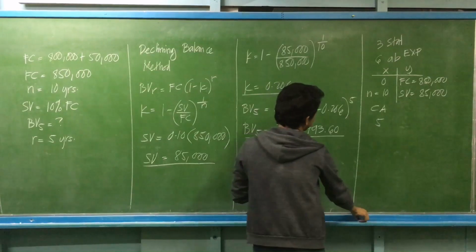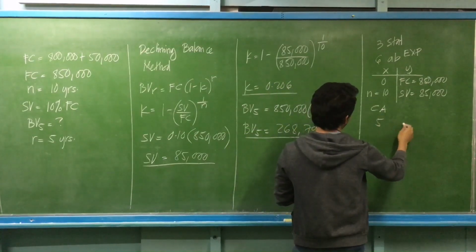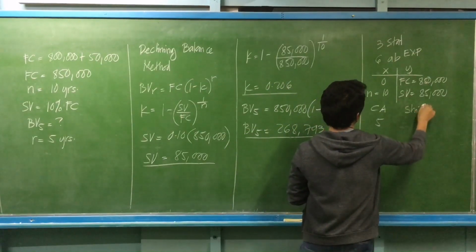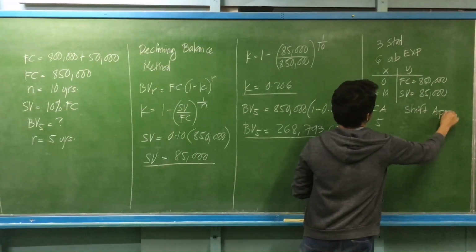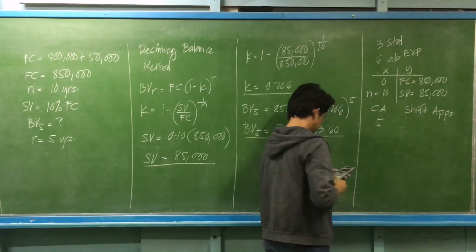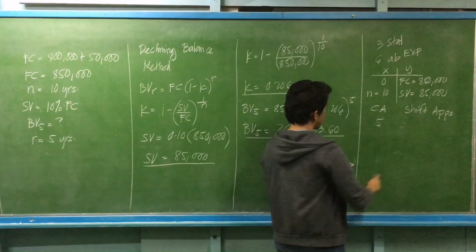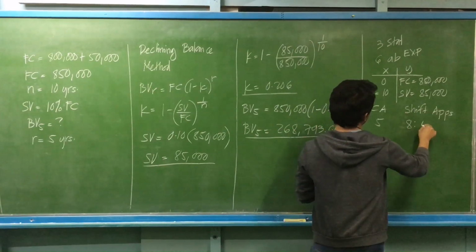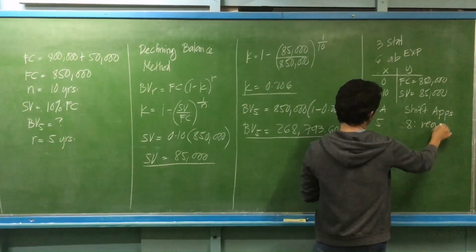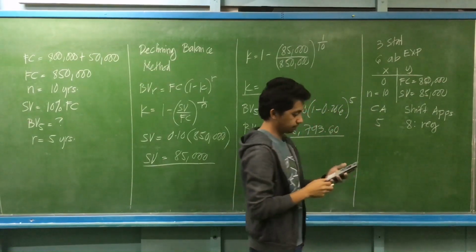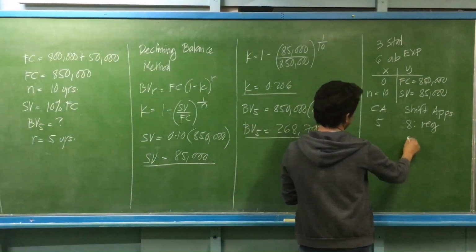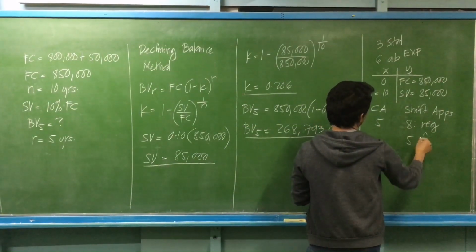Then shift, after 5 is shift ups. So number 8, regression. Tapos number 5, that is Y hat.